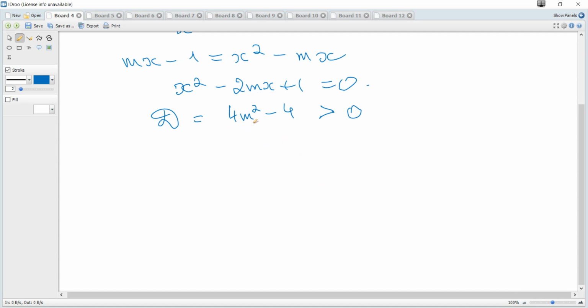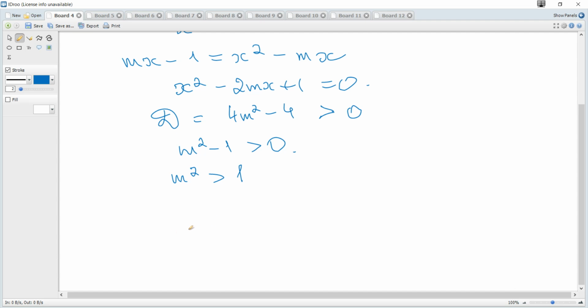So we can divide by 4, and remember, if you divide or multiply by a negative value, you should flip the inequality sign. So it becomes m squared minus 1 is greater than 0, and m squared is greater than 1.